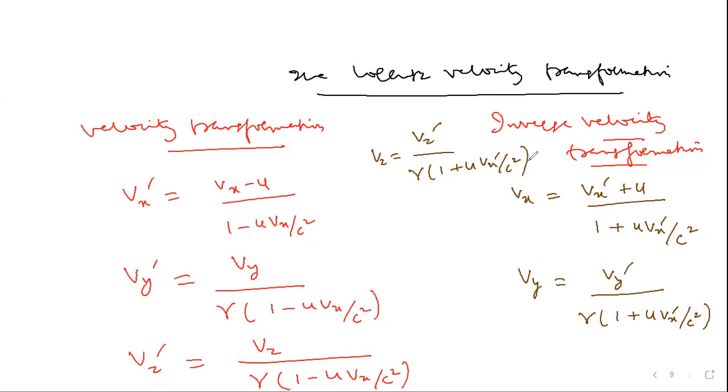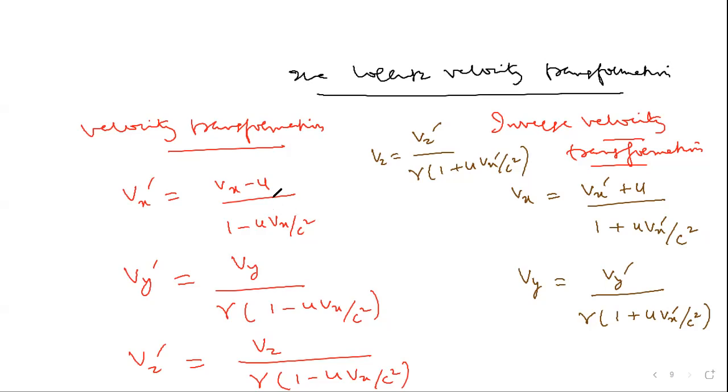Let me check them. Vx is Vx prime plus u over 1 plus u Vx prime by c square. Vy is Vy prime over gamma times 1 plus u Vx prime by c square. And Vz is Vz prime over gamma times 1 plus u Vx prime over c square.